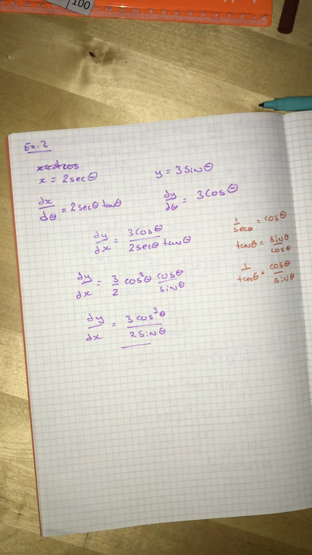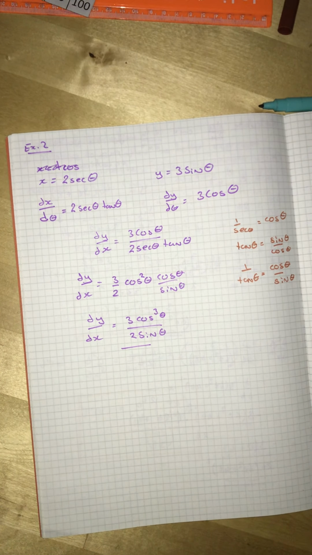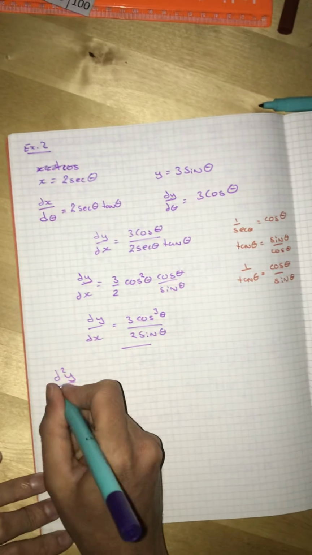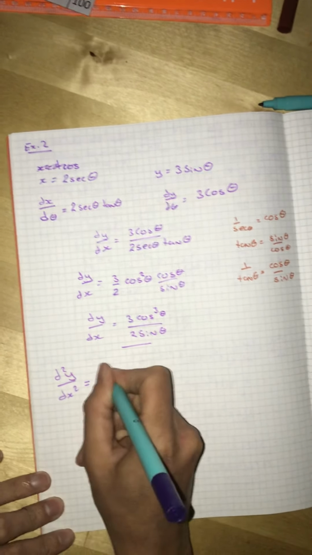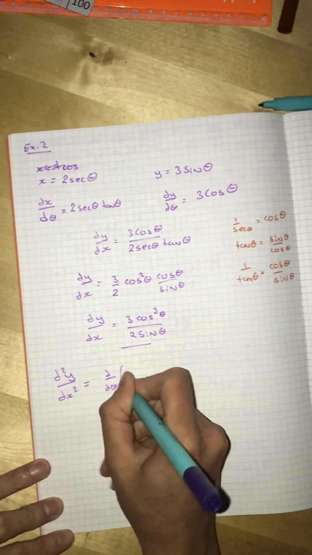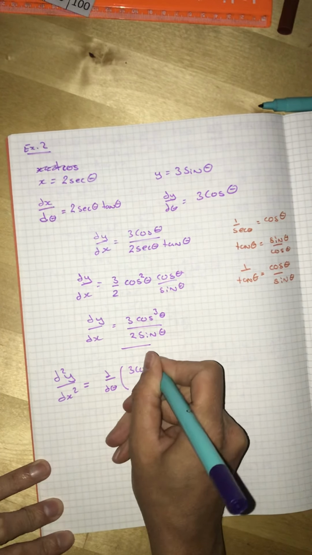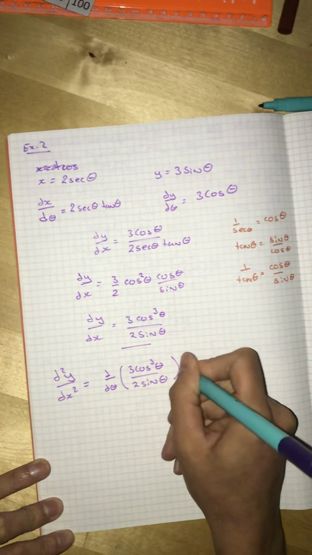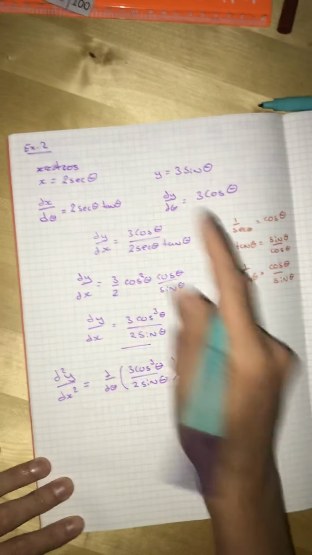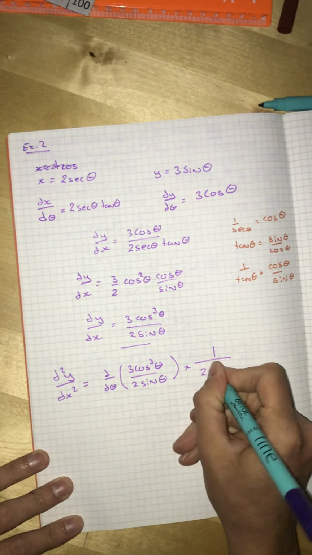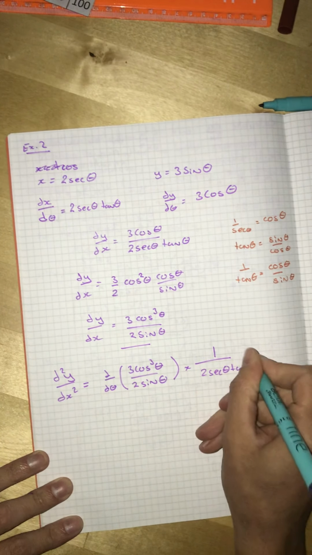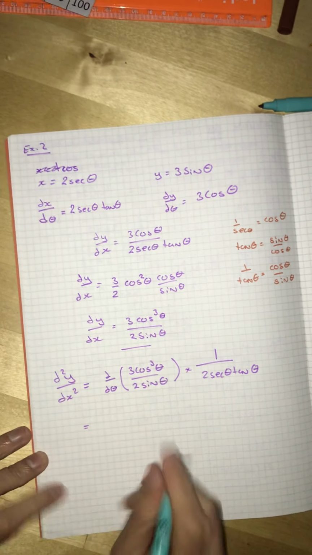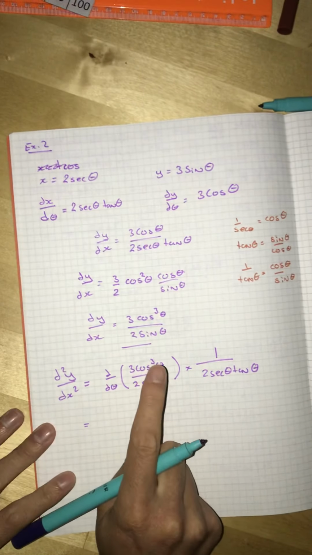Okay? Now I want to get the second derivative. So I differentiate that with respect to theta, and then times it by 1 over 2 sec theta tan theta. Okay? So quotient rule, differentiate top.